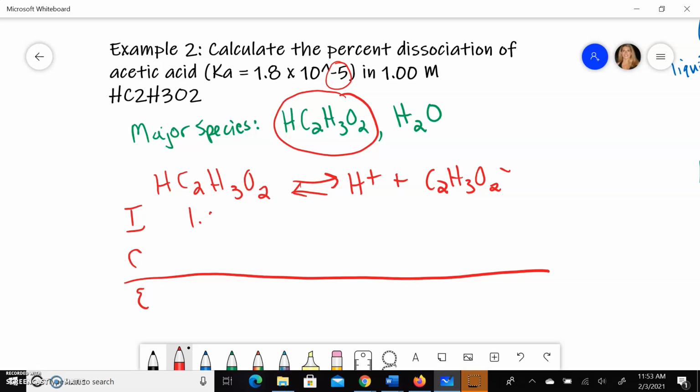We have an initial amount of acetic acid. We have a negligible amount of hydrogen from the water, so we'll just put a little tilde, it's about 0. And we have 0 of the acetate ion. We're going to shift towards the zeros, and we don't have any coefficients.